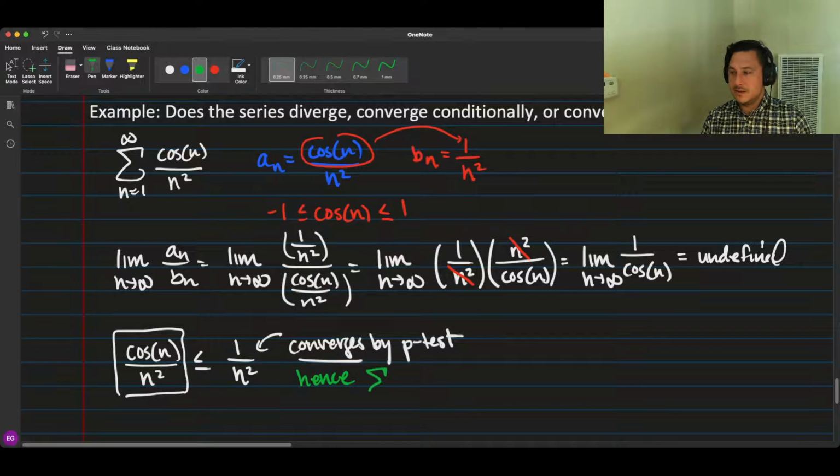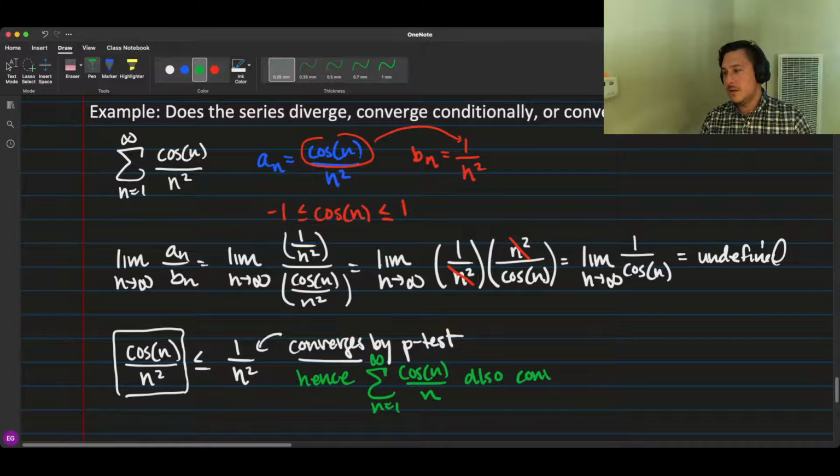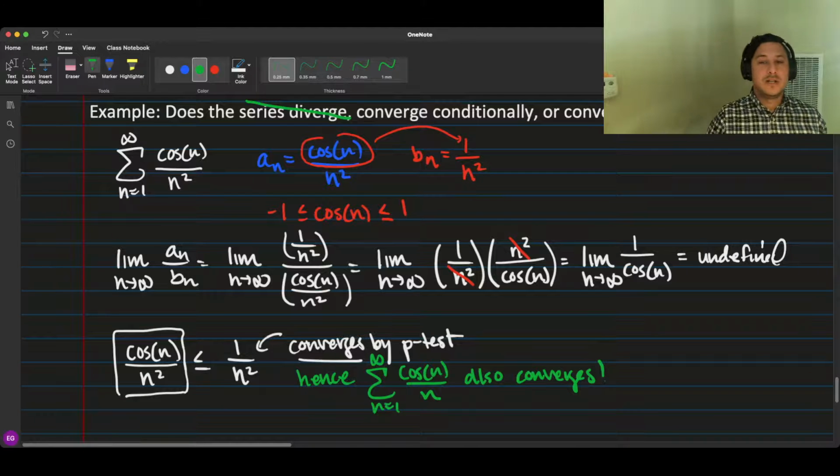Hence, it also converges. Okay, cool. So we know that this converges. We can cross out the possibility that it diverges. So now the question is, does it converge conditionally or does it converge absolutely?